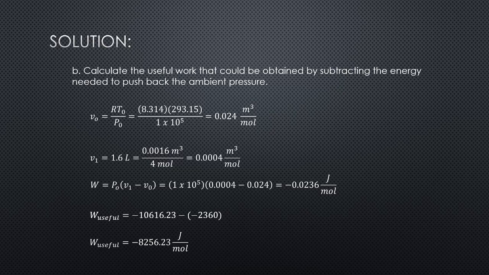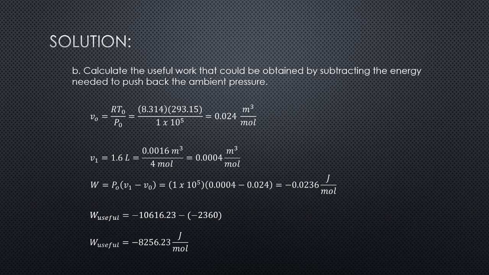So we get 0.0004 cubic meters per mole. And then to get the work needed to push back the ambient pressure, we just multiply the pressure by the change of volume so that we get negative 0.0236 joules per mole.